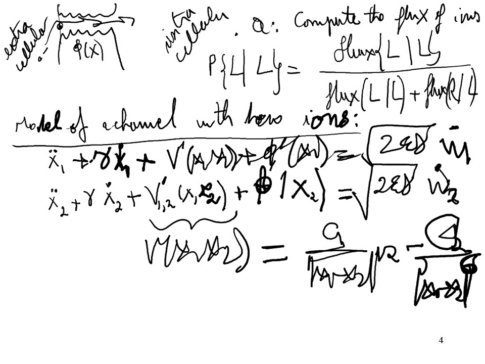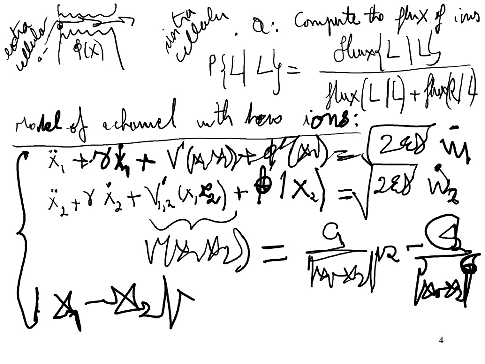So this can be used, for example, to add in the model that, instead of this Lennard-Jones force, we can say that x1 minus x2 is larger than a certain distance a, so that it prevents x1 from colliding with x2.